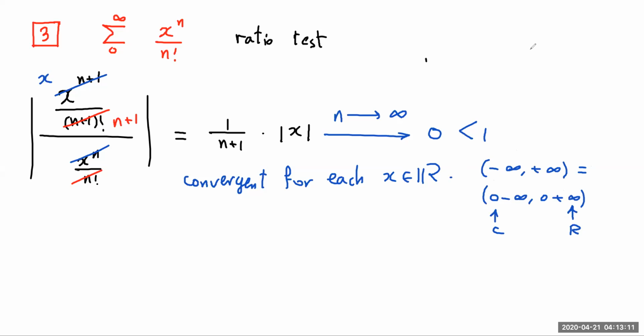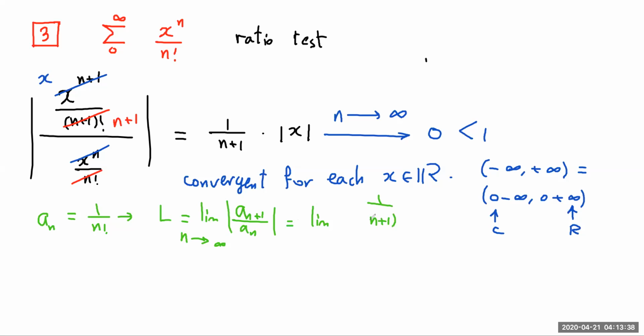If you want to write the solution by taking a n x power n, suppose a n is 1 over n factorial. Then write L as the limit of the absolute value of a n plus 1 over a n when n goes to infinity. Let's calculate this. It's the limit of 1 over n plus 1 factorial over 1 over n factorial.